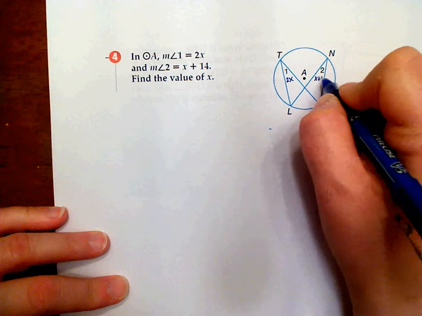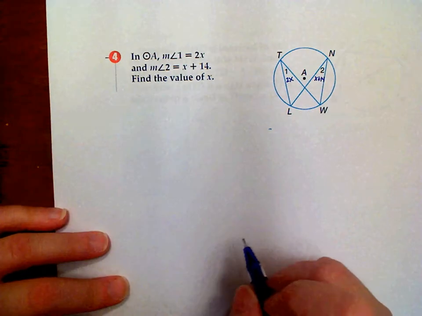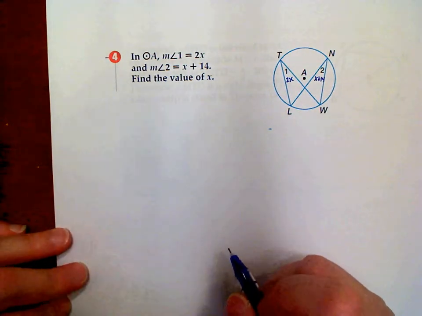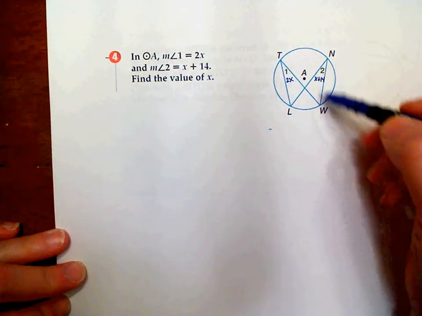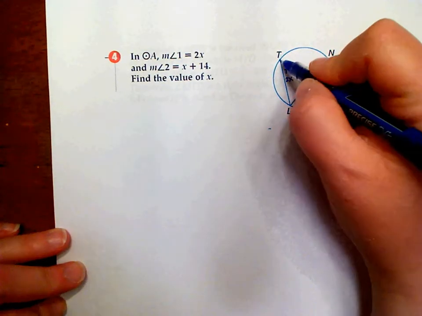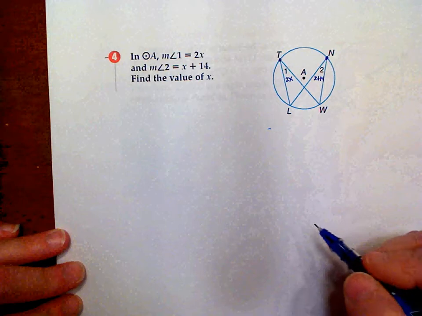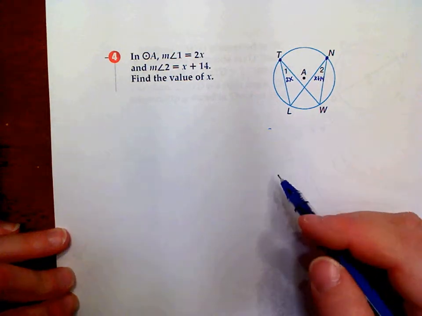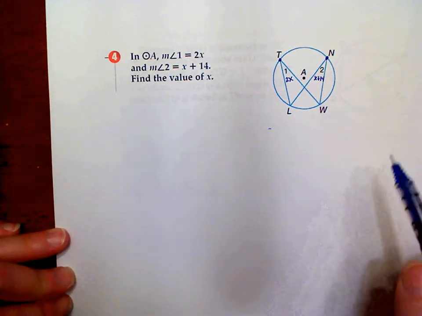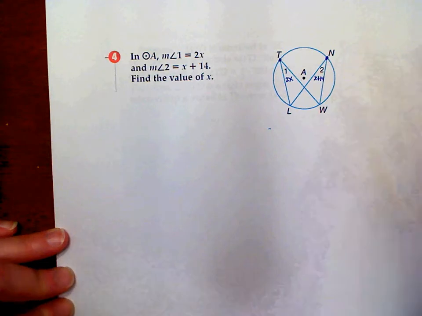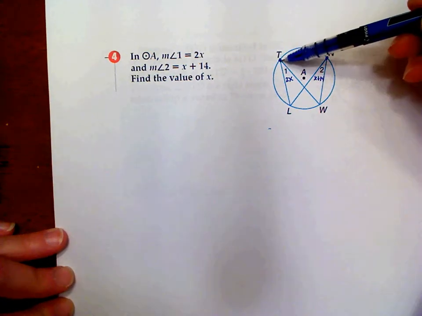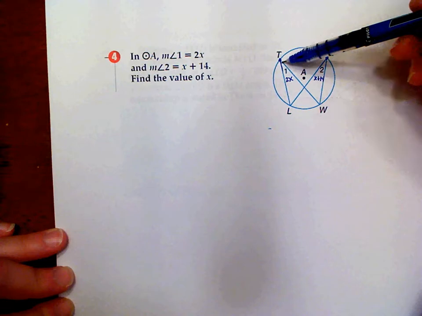And we want to find the value of x. Well, both of these angles, angle 1 and angle 2, have their vertices on the circle. So they are both inscribed angles. And so we know inscribed angles are half of their arcs. So the arc that is formed by angle 1 goes from point L to point W. So it's arc LW.